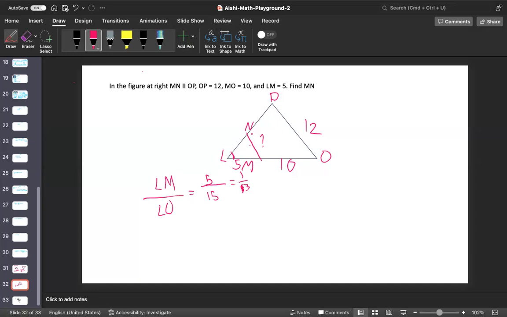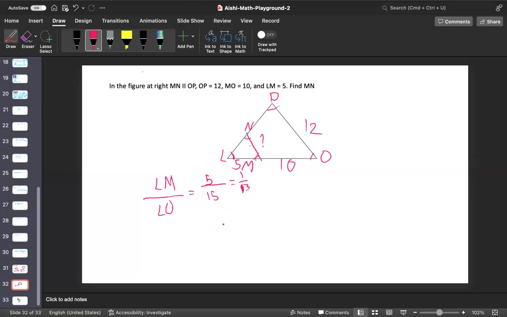Then since OP and MN are parallel, we know that this angle and this angle also must be the same as this angle and this angle. So this does work as angle-angle similarity.